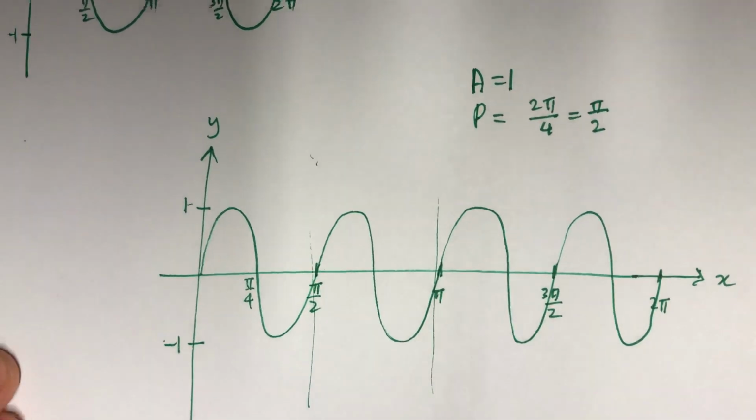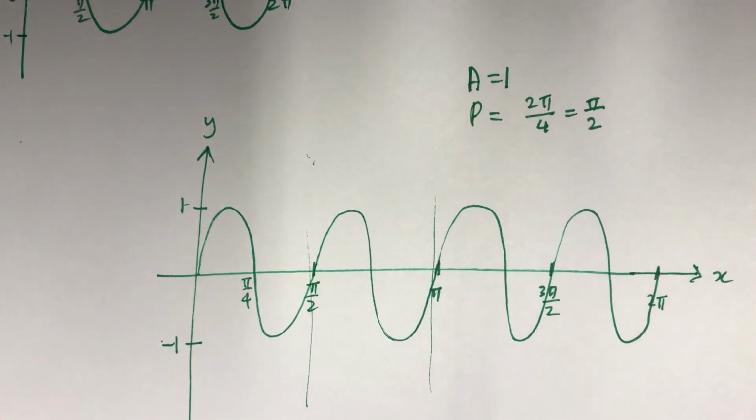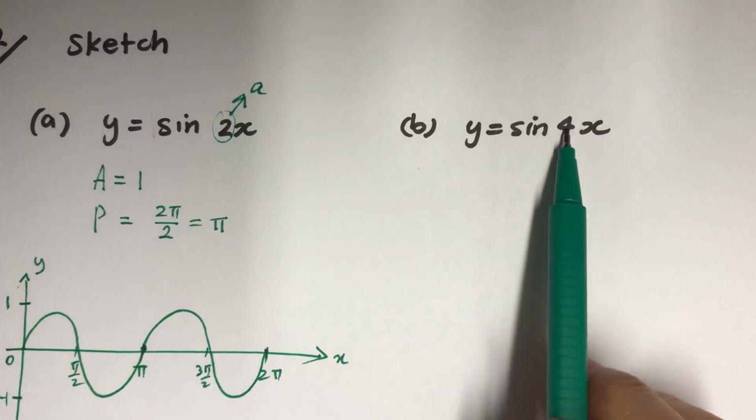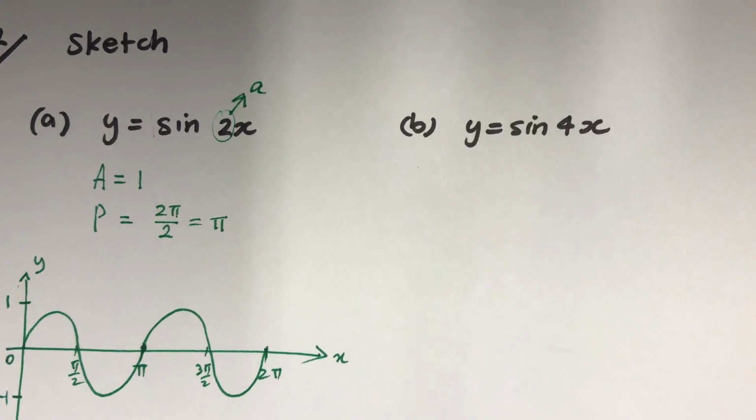Phew, that's it. Oh, that looks ugly, but you know what I mean. So there'll be 4 patterns happening in this sine 4x. I'm just wondering, if it was y equals sine 5x, you would get 5 sets of the whole pattern.